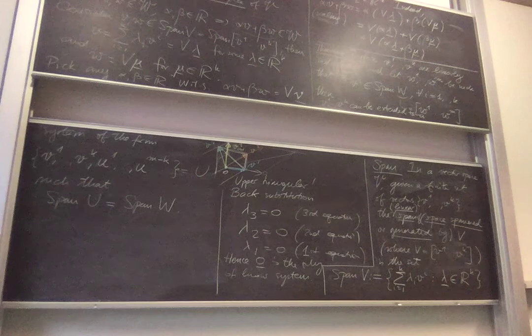Let's take a finite set of vectors V. The first property is that the span of V is equal to some vector space V. And two, V is linearly independent.